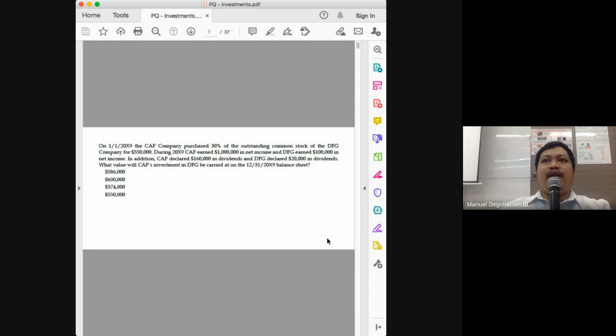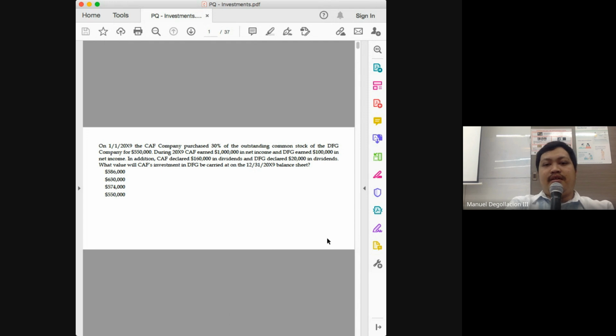Because what will happen if the investor's ownership interest goes beyond 50%? The relationship will no longer be described as that of an associate, but the investee will now be considered as, starts with letter S, subsidiary. So if we're dealing with investments in associates, the ownership interest must be from 20% to 50%.